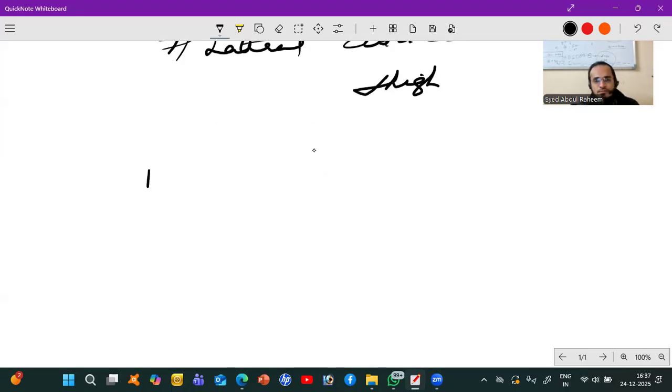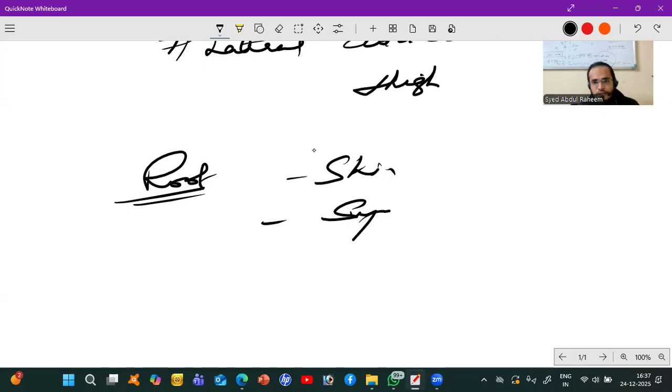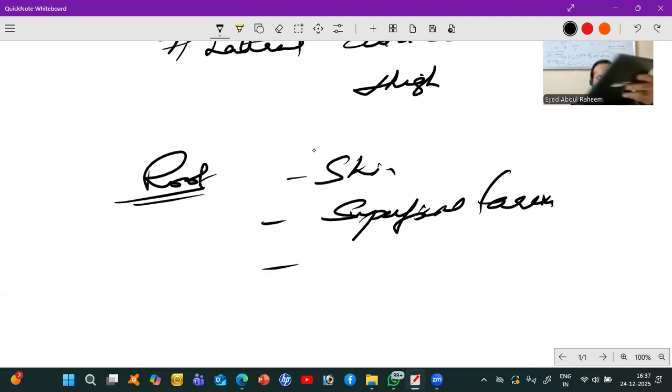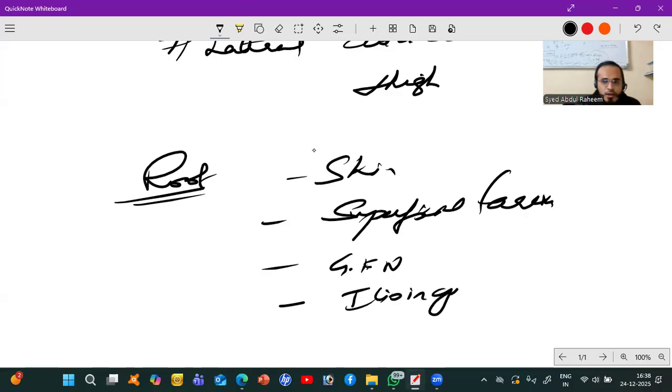What is the roof? First is roof. So skin, after the superficial fascia, and another thing is the femoral branch of genitofemoral nerve, ilioinguinal nerve. That much content is possible.